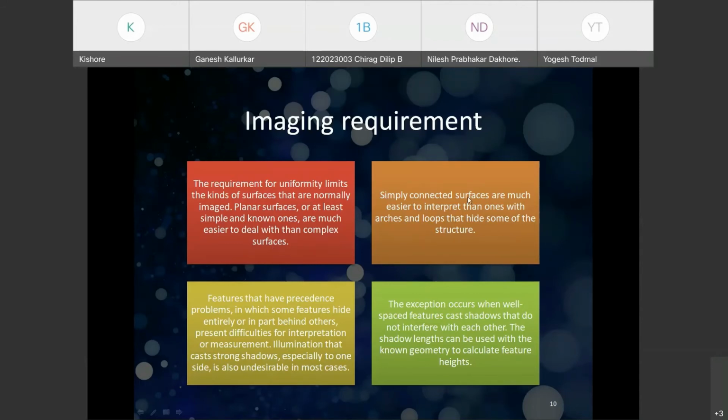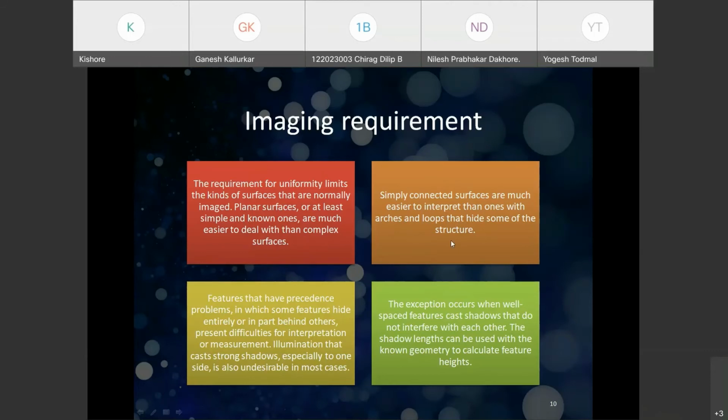Simply connected surfaces are much easier to interpret than one with arcs and loops that hide some of the structure. Whenever you work with microscopes, you see this kind of issue. In our lab we have a machine vision system which is capable of looking at the microstructure of a given surface, and we have to focus it at a certain height.